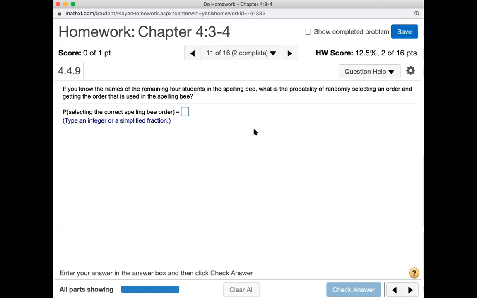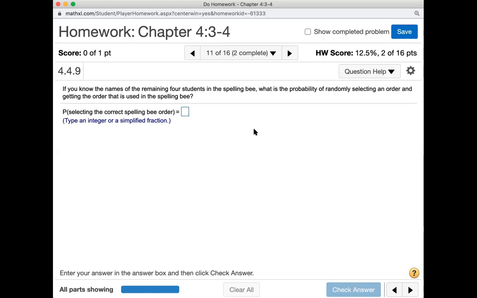Keep in mind, if you want to figure out the total number of ways to list or arrange n objects, whether seasons or some other objects, n objects out of n objects, that's going to be n factorial.